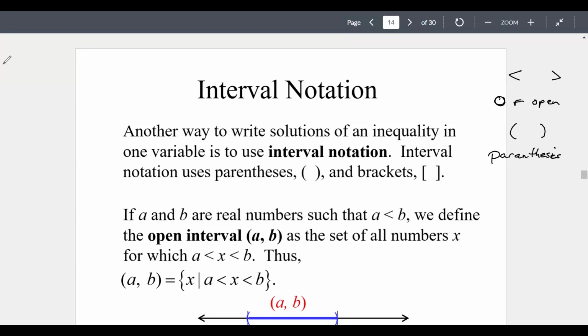So this is what we call, like I said, an open interval. An open interval means that both ends are going to be open. So there's an open point at both ends.